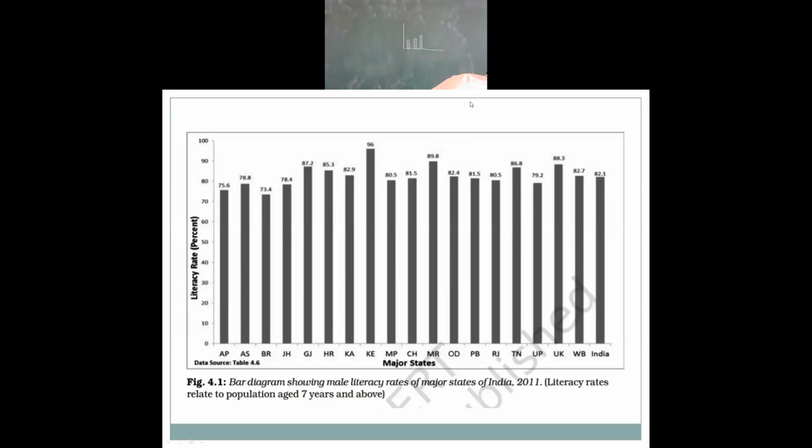Okay, so let's see what all things are there here. Remaining parts given in this slide, we are going to see here. Then when it comes to the other states, first is Kerala, second is Maharashtra, then Uttarakhand, 88.3. Then one more, 86, 87 here.